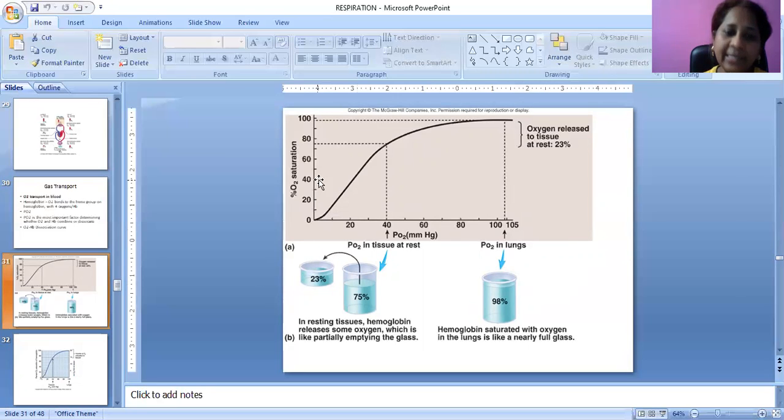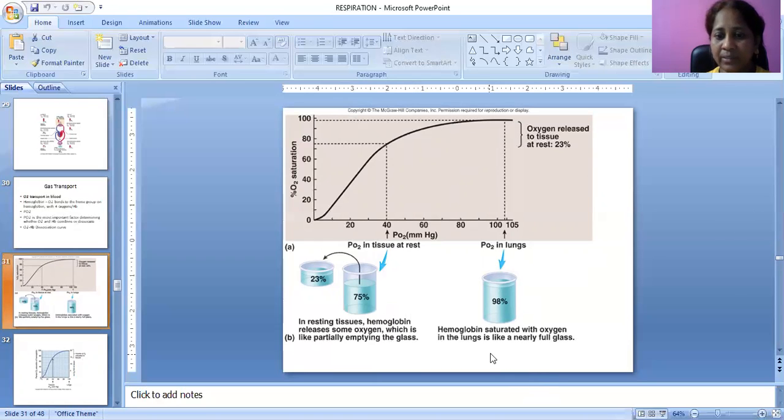Here in this diagram we can see 20, 40, 60, 80, 100, 105. In resting tissues, hemoglobin releases some oxygen, which is like partially emptying the glass.